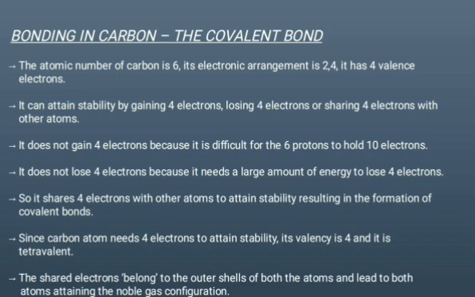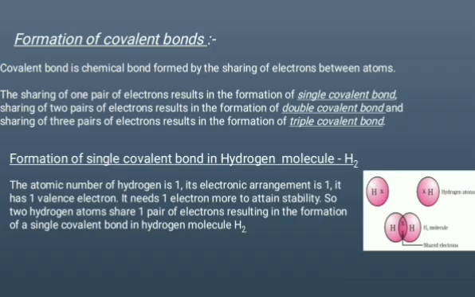The shared electrons belong to the outer shell of both the atoms and lead to both atoms attaining the noble gas configuration. This sharing of electrons to attain noble gas configuration is called a covalent bond.